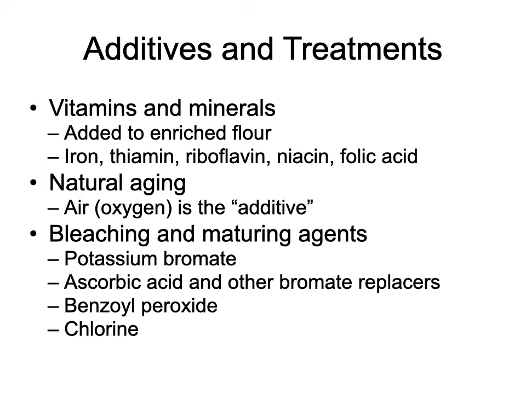Over time, people realized that they didn't like the qualities they were getting out of bromated flours, so the industry found that ascorbic acid is pretty harmless, and it generally does a lot of the same thing that potassium bromate does. There is peroxide. Benzoyl peroxide is used to bleach and whiten. It's especially used in cake flour. And of course, chlorine gas is used in whitening of cake flour.